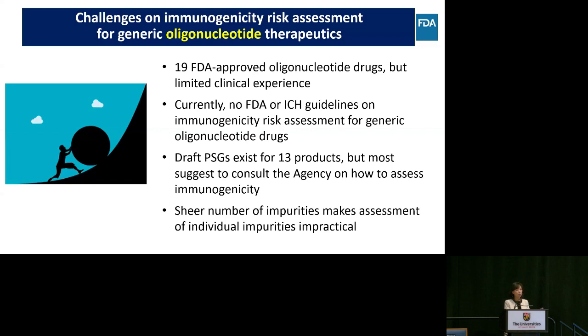So it means clinical experience is very limited. So that is one reason. And currently there are no FDA or ICH guidelines on immunogenicity risk assessment for generic oligo drugs. Draft product-specific guidance exists for 13 products, but all of them just say, consult the agency if you have any questions about the immunogenicity risk assessment.